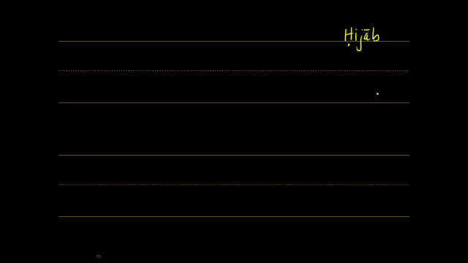And let's write this together. So we have the ha with the kasra. We have the medial jim, alif, and then we have the ba. Let's just write our different forms here. So here we have initial position ha. Sorry, I can't forget the dot here.